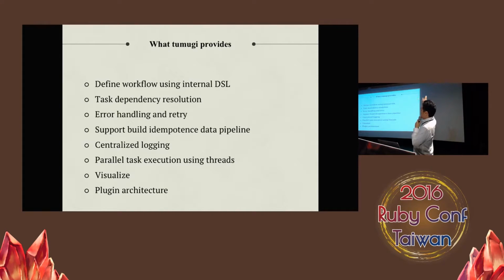And it solves the problems I previously explained: task dependency resolution, error handling and retry, support for building idempotent data pipelines, centralized logging, parallel task execution using threads, visualizing the data pipeline, and plugin architecture. Plugin architecture is a unique point of Tsumugi, so I will explain it later.